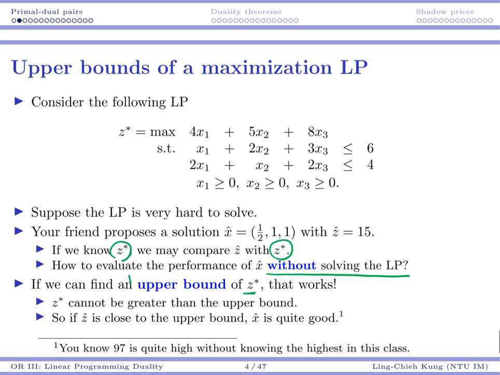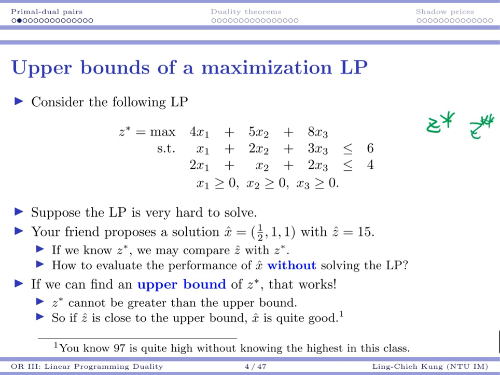So we want to do a somewhat different thing. Let's try to see whether we may find an upper bound of z star. All right. So suppose we are able to know an upper bound of z star. Let's say it is something called z double star.